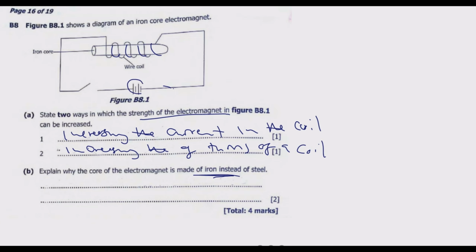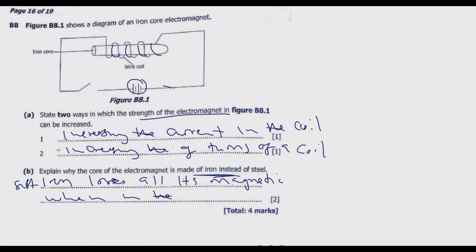So once we switch off the coil, the soft iron loses its magnetic property, which is not the case for steel.